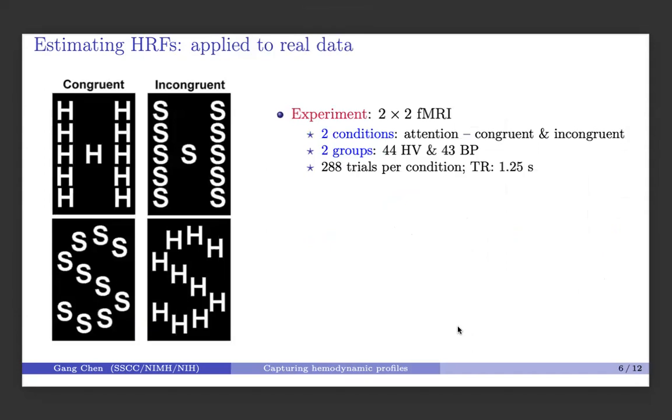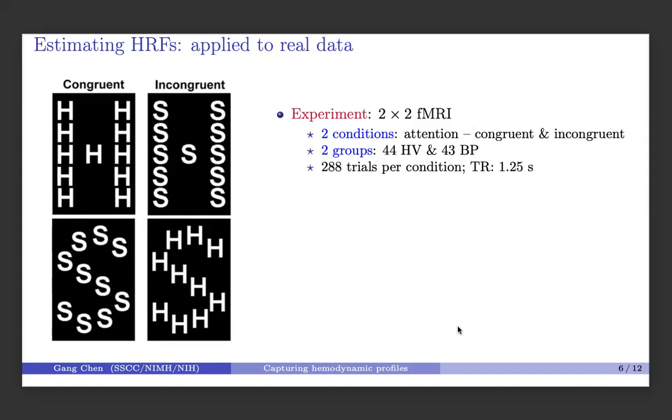In this data set, it's a 2x2 design. For each individual participant, we have 2 conditions. It's an attention experiment. The first condition is congruent. As you can see in the first column on the left-hand side, a big letter is composed of small letters that are the same as the big letter.